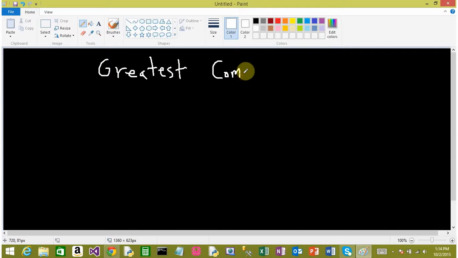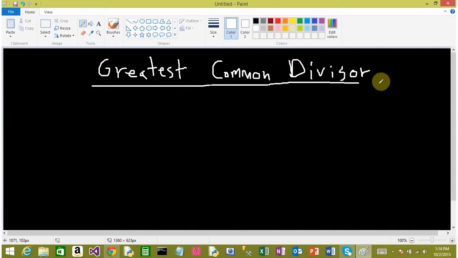So greatest common divisor. And the greatest common divisor, we'll say, we abbreviate that as GCD, and then we'll say of two numbers, we'll call them A and B. And we assume that A and B are two different numbers, they're not equal to each other.